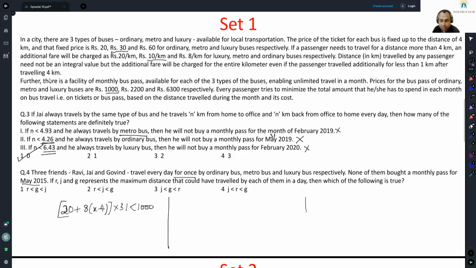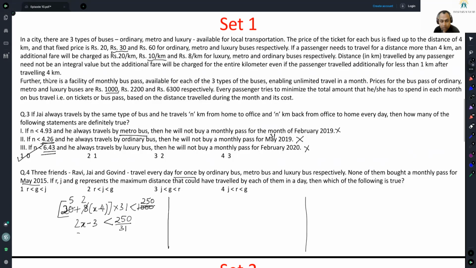Let me budget space because I will need the working for subsequent places. So this will be 250. This will be 2. This will be 5. So I get 2x minus 3 is less than 250 by 31.